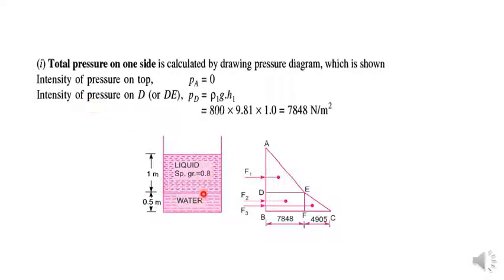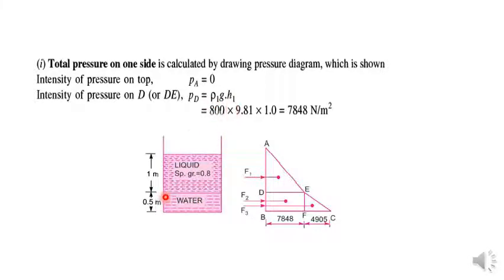Second level, you can define the contact point of the liquid and the water. If this surface is represented by a point D, then from D to E, you can find the pressure intensity, which will be represented by PD, and it will be rho 1 g H1, depending upon the density of the liquid filled above the water.